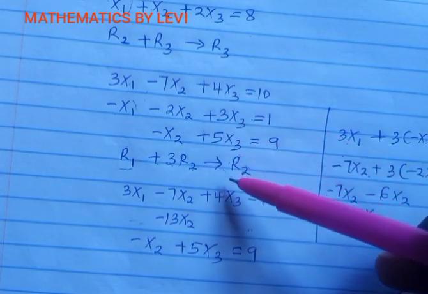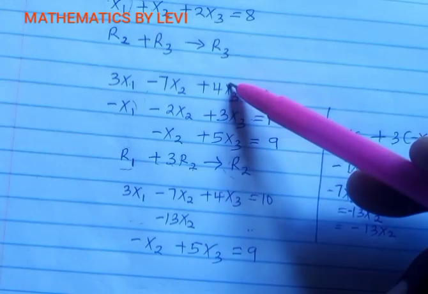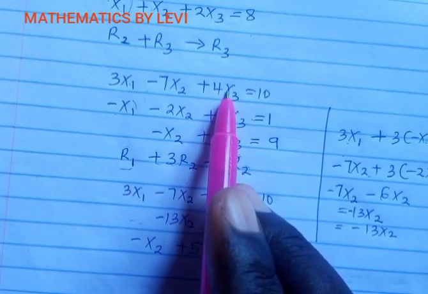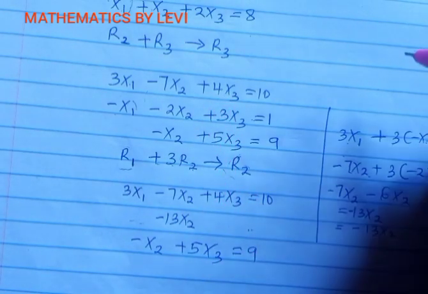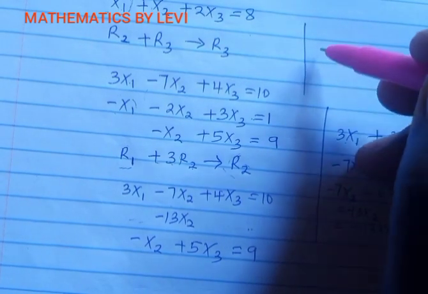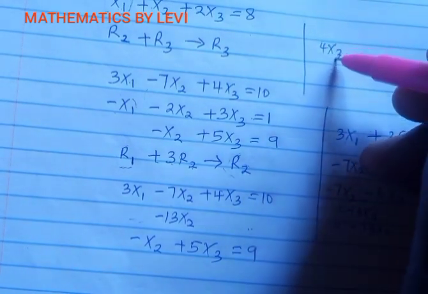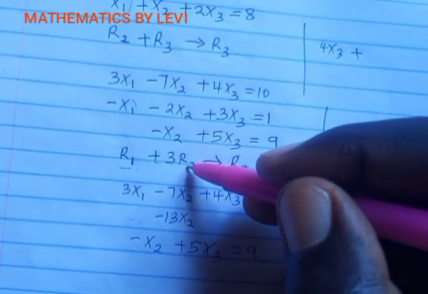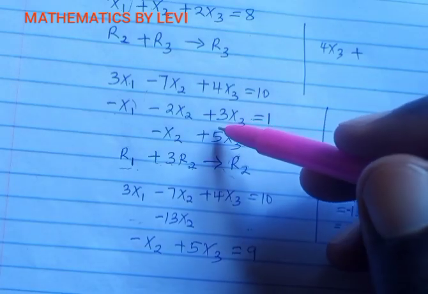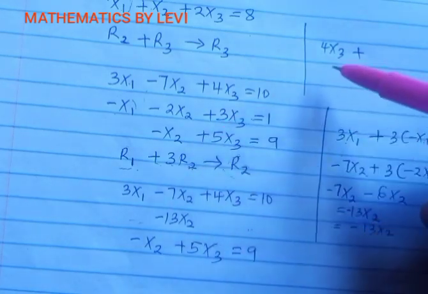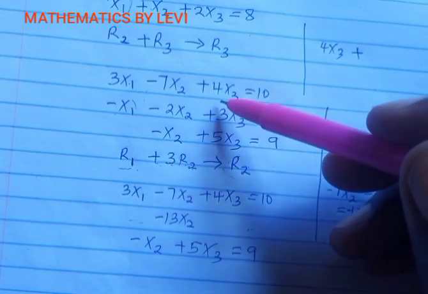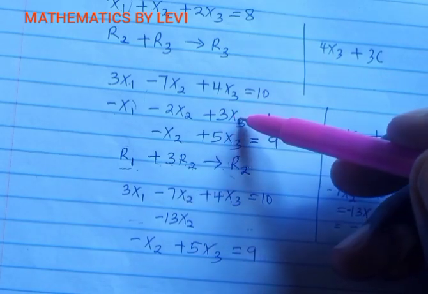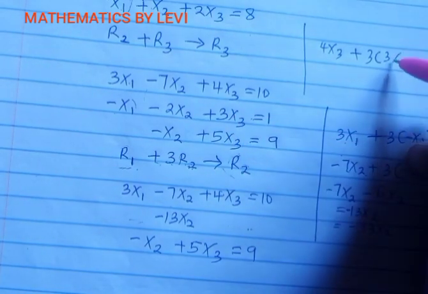Now, let us go to x3. So we have R1, which is 4x3. Let me write it here. That is 4x3, that is row 1. Then plus 3 row 2. What is row 2? Row 2 is just 3x3. So I will write 3x3.